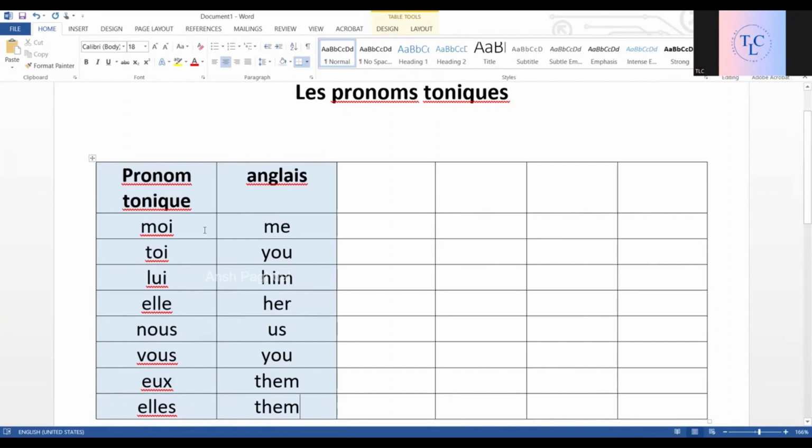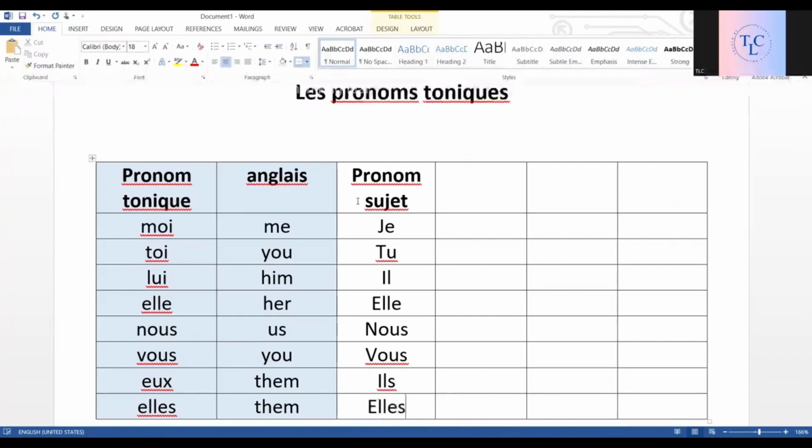Yes. So if you see, these pronoms toniques are used to refer to a person or a group of people, right? How is it different from pronoms sujets, the subjects that we have learned? Pronoms sujets are je, tu, il, elle, nous, vous, ils, elles.